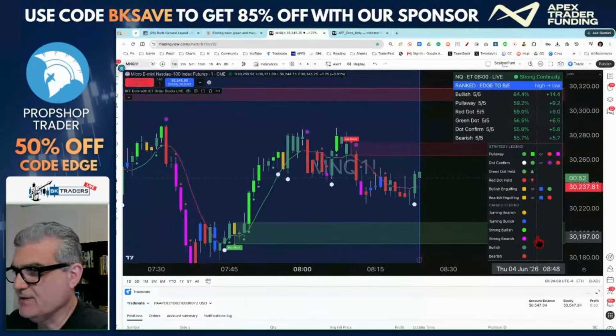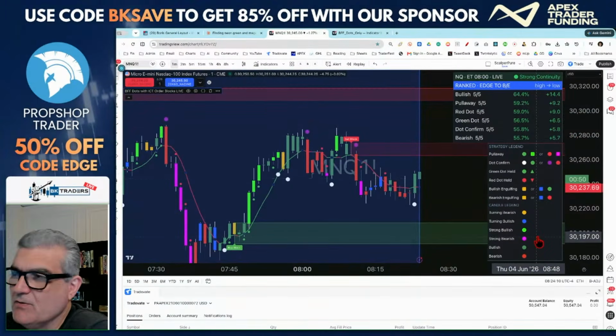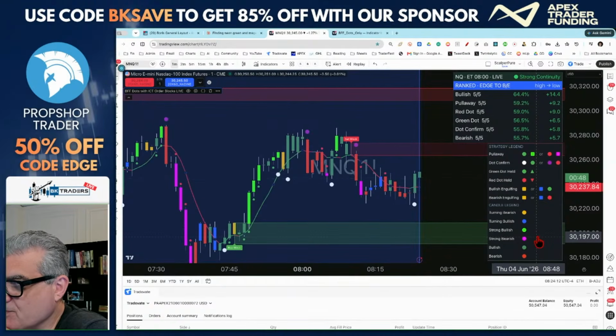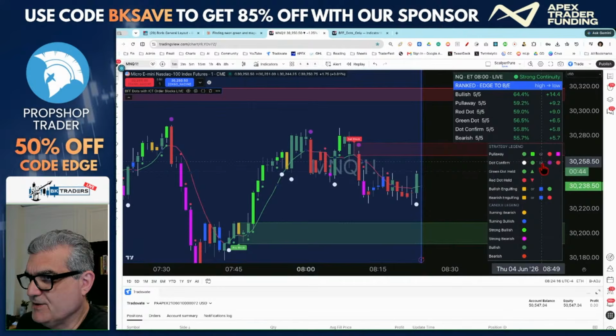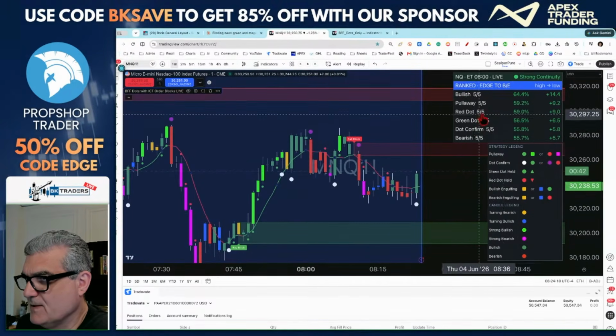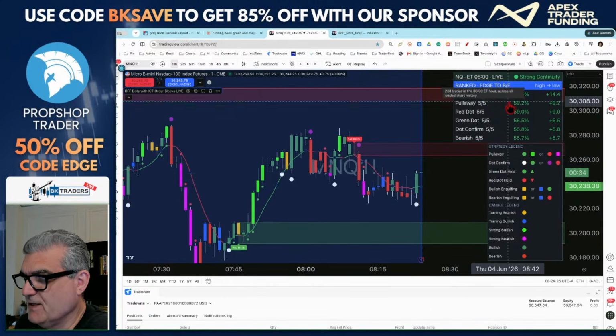That's interesting. Okay. So let's just stay on this edge where we have the other thing that I really like. So let me just see, green dot, no, 6.5, that's too little. Dot is too bearish. So I'm really only looking for bullish engulfing, pullaways, and red dot trades.